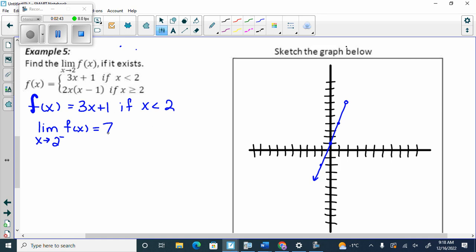Okay, then I'm going to do f of x equals 2x(x minus 1) if x is greater than or equal to 2.